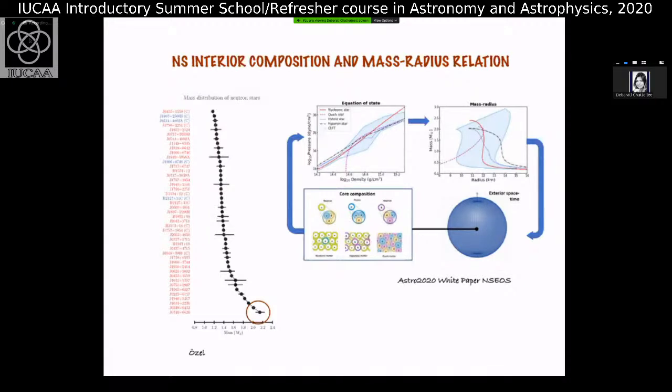And the equation of state can be mapped to the mass radius relation of neutron stars. So determination of the mass and radius of a neutron star in turn allows us to constrain its equation of state and therefore determine what is the core composition of the neutron star. So the maximum mass of the neutron star should be able to be explained by the theoretical prediction for the equation of state.